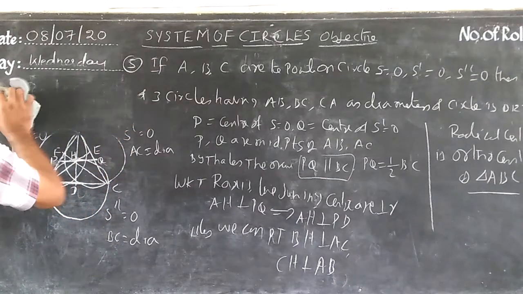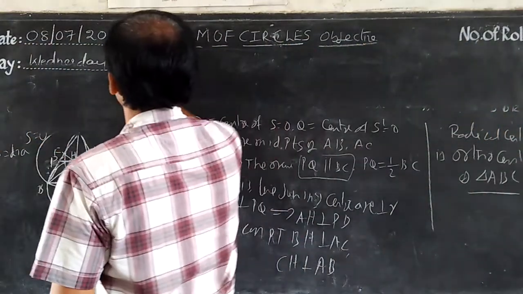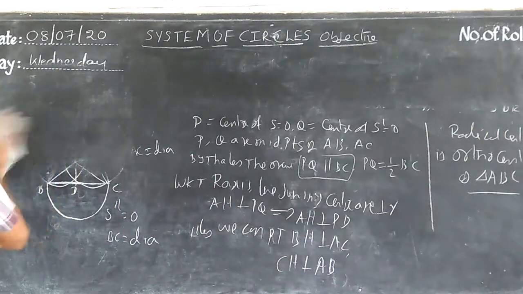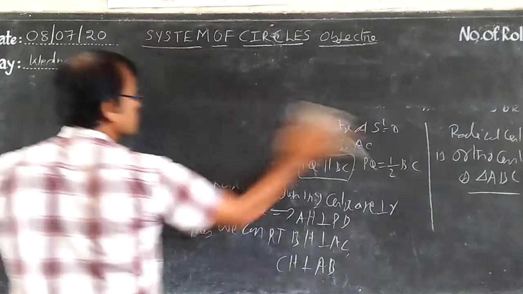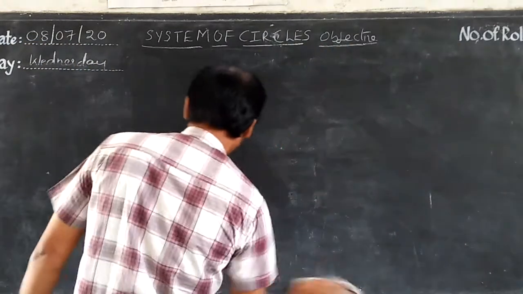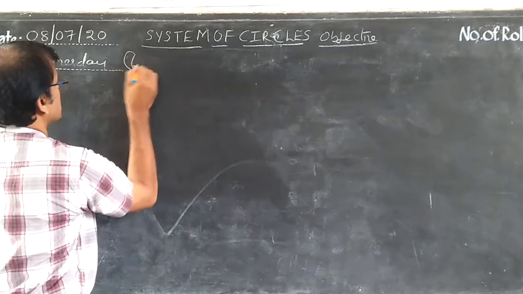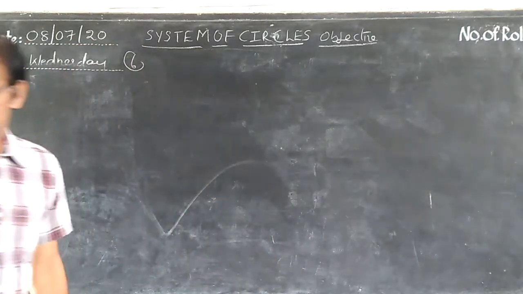What is the other radical center? If the three circles are orthogonal, then the radical center is also the orthocenter, depending upon the same concept. Let us write the sixth synopsis.